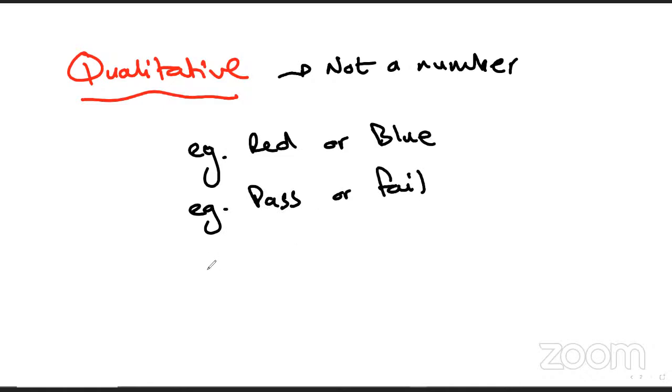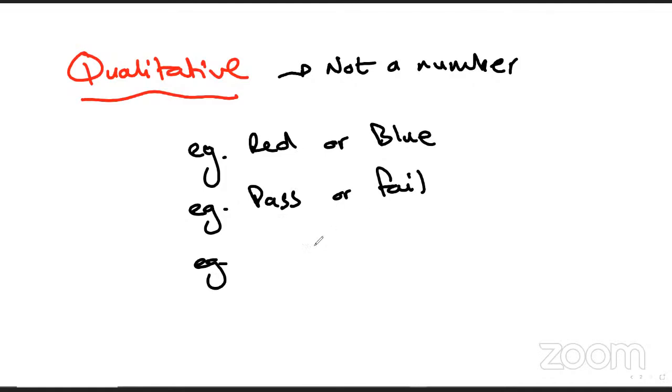It's countable, actually countable. Happy and sad could not be countable, based on whether people smile. I'm not sure. It could be survey driven, or opinion based. But with qualitative data here, we can distinctly say red, blue, we can see it. Pass, fail, we can actually see it after you've written and it's marked.